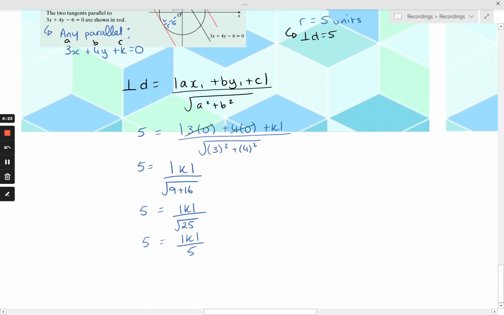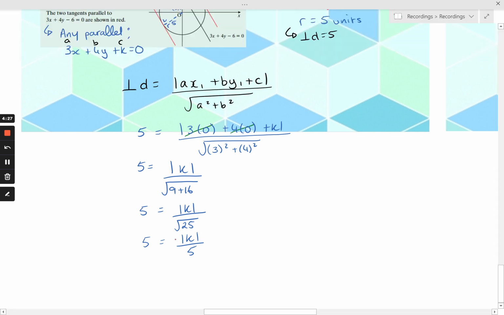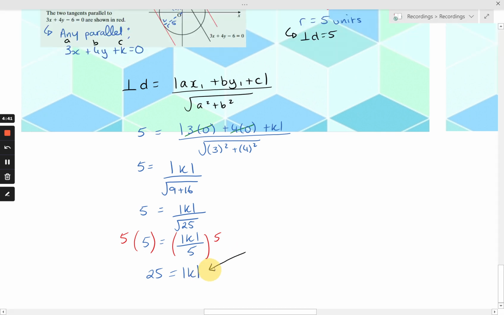So now I'm going to multiply both sides by 5 to get the modulus of k by itself. So we times both sides by 5, which means I get the modulus of k is equal to 25. Now this is where we need to remember important properties about the modulus. The modulus means that our number could be a plus or it could be a minus.